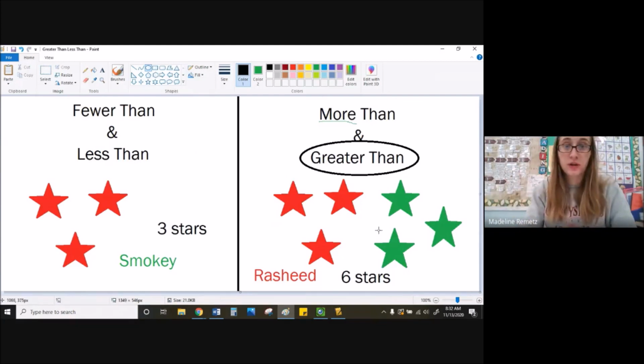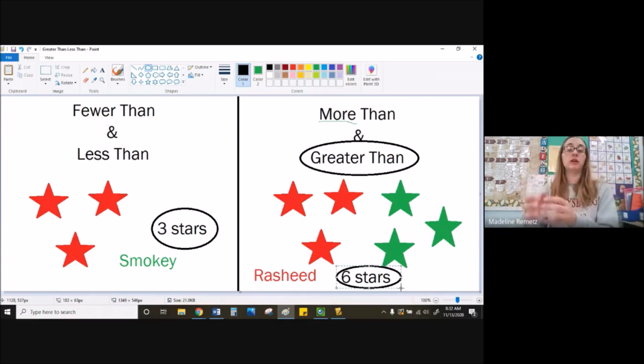How many more stars does Rashid have than Smokey? Smokey has 3, Rashid has 6. Basically, you're seeing how much bigger the number 6 is than 3. How much more is 6 than 3? How much more? How much greater than? You know, you're using both of those words.